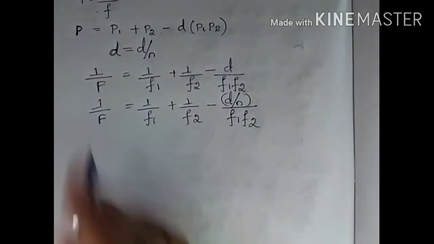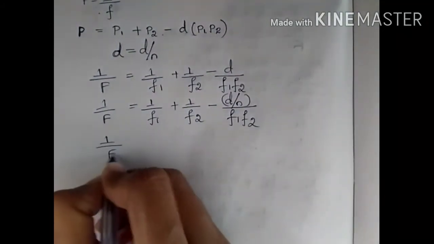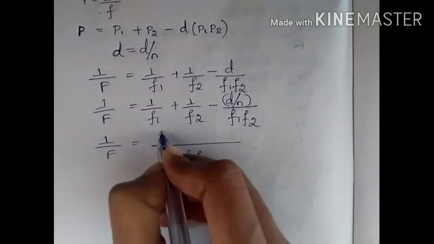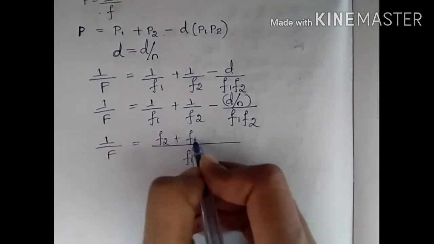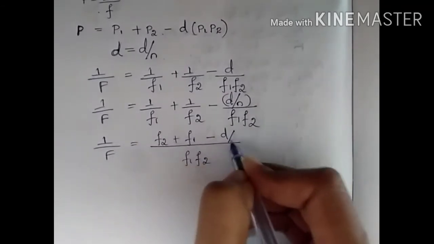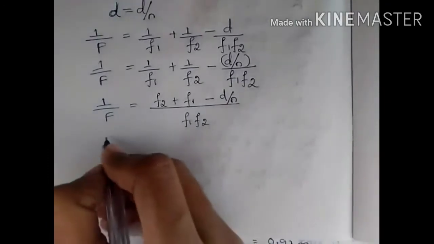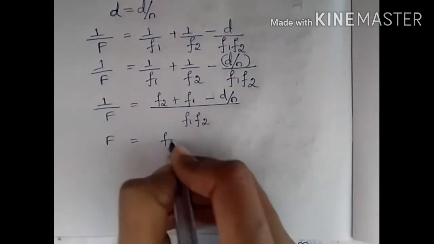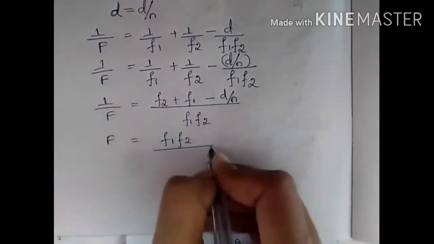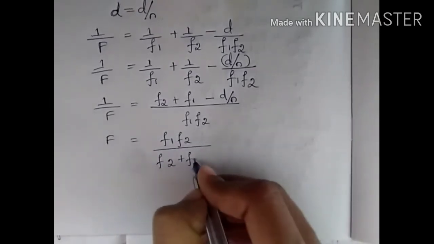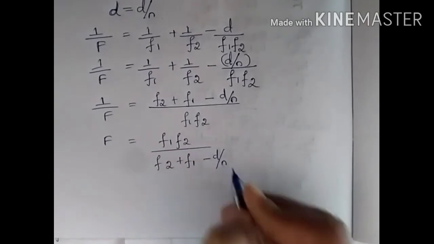Now if you take the LCM, 1 by f will be f2 plus f1 minus d by n. So f will be f1 f2 divided by f2 plus f1 minus d by n.